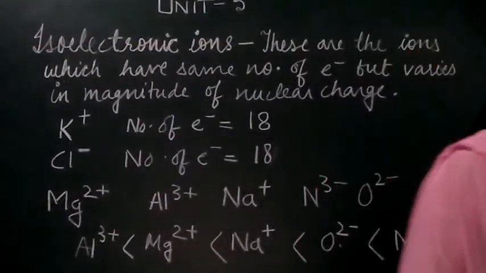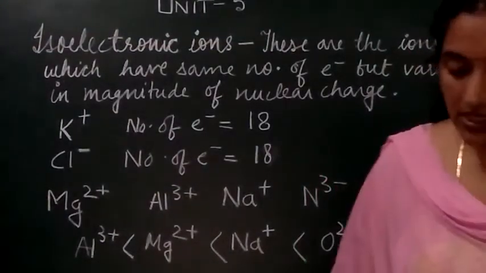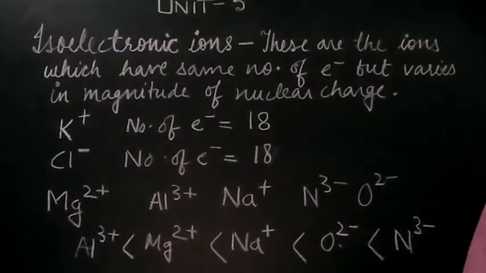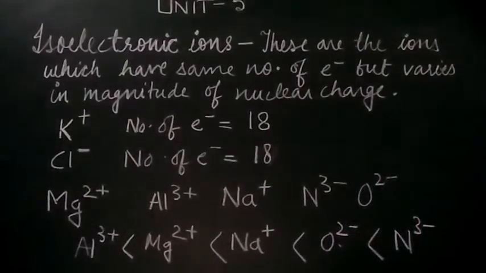So the isoelectronic species, again, are species which have the same number of electrons but differ in the magnitude of the nuclear charge, right students? And if we want to compare the size of the isoelectronic species, we are just going to see the charges on it.